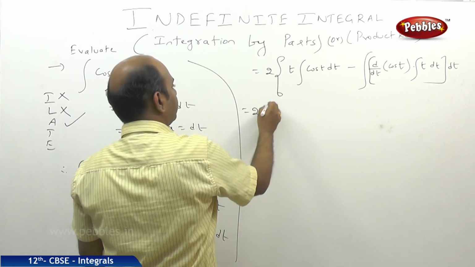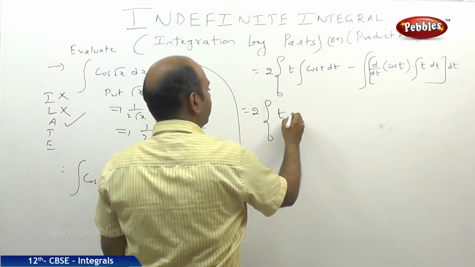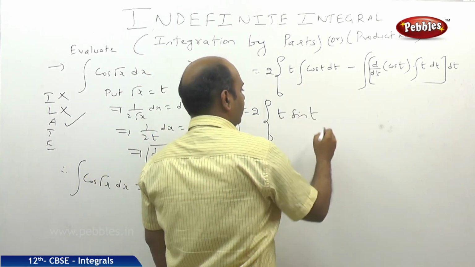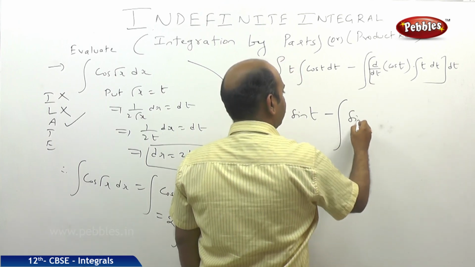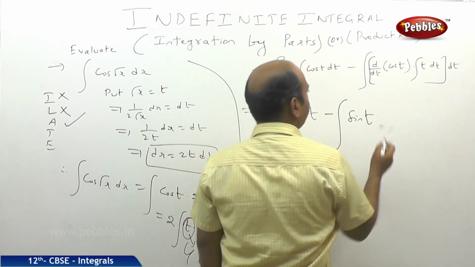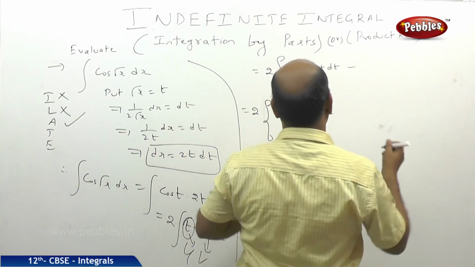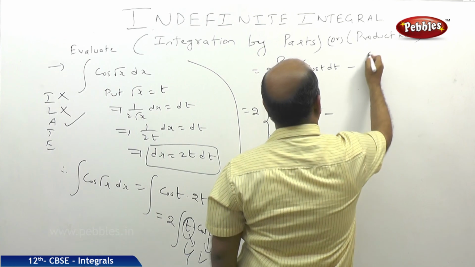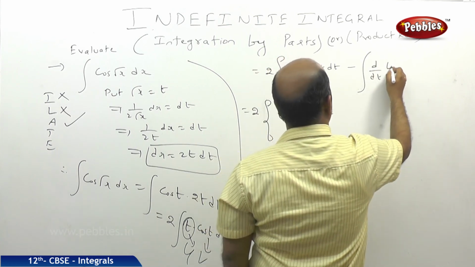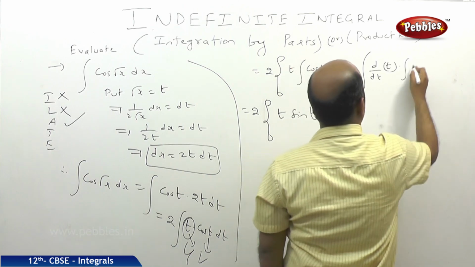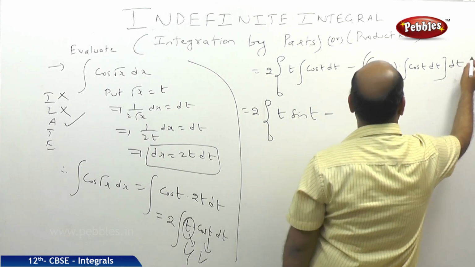So what happens? 2 into, I will write a flower bracket, t into integral of cos t will be sin t minus integral of d by dt of cos t will be sin t, and integral of t means again t into integral of cos t dt minus integral of d by dt of t into integral of cos t dt, and outside there will be dt.